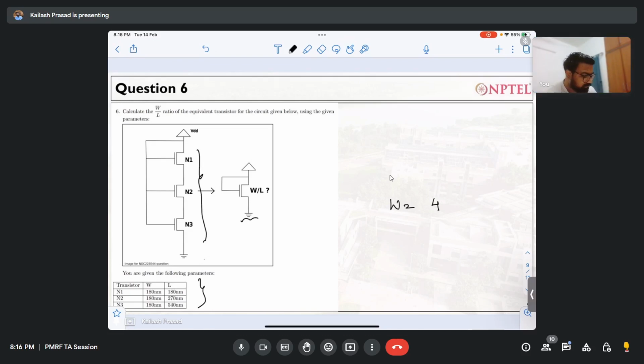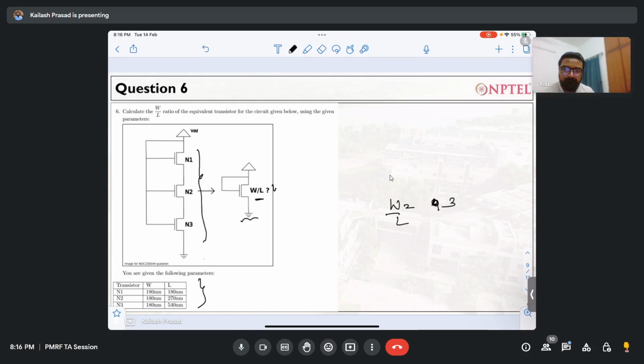W is 3 here. What about L? You are saying the ratio W by L is 3. So you're saying that it will behave like W has become 3W.